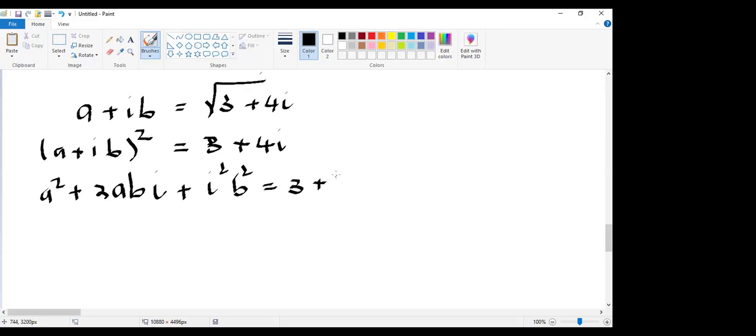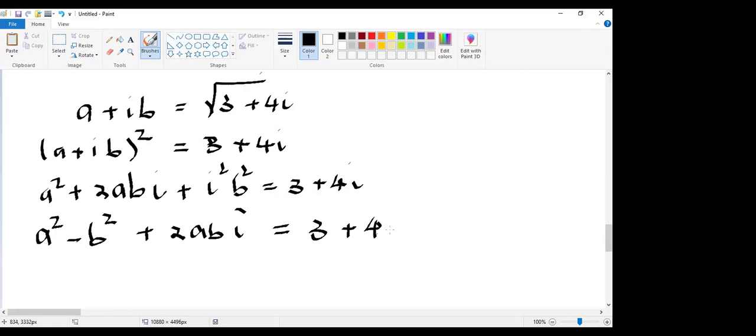Since when we square i we get -1, I had a squared minus b squared plus 2abi equals 3 plus 4i.